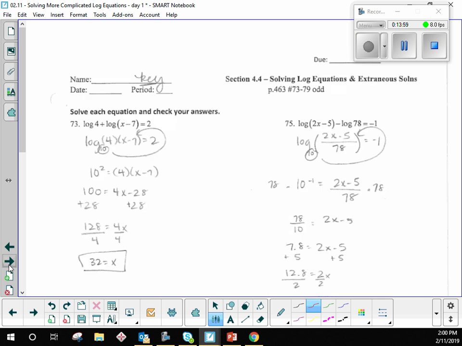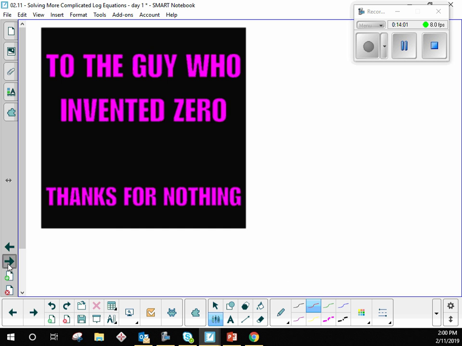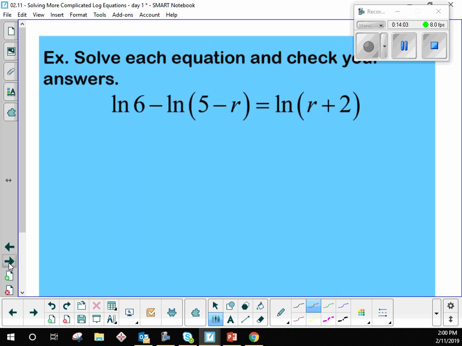All right. So going back, oh my goodness. This example right here, okay? We're going to practice that new property. So logs everywhere. Which side of this equation can I compress some stuff? The left side, okay? I've got 2 logs. I can compress them into one.